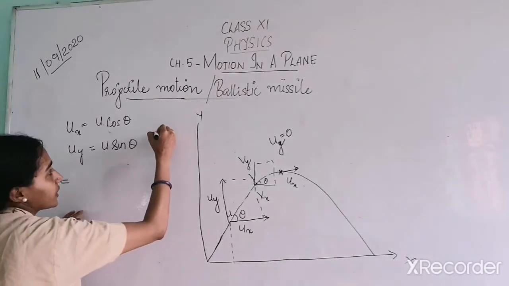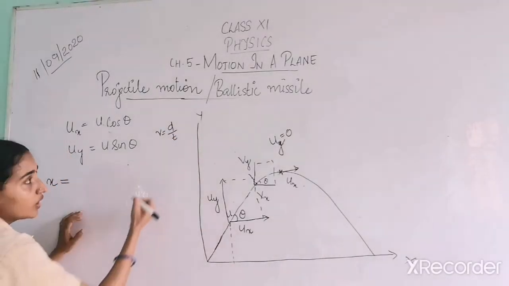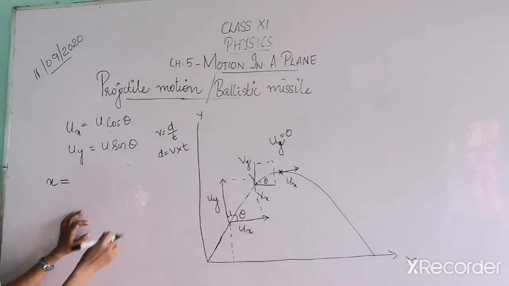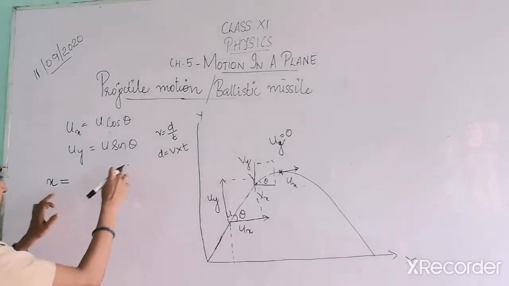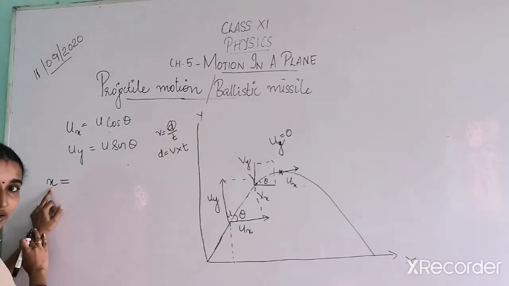You have the equation velocity is equal to displacement upon time, or displacement will be equal to velocity into time. So this is a basic equation you are learning, isn't it? So here, instead of displacement, you have horizontal displacement x.